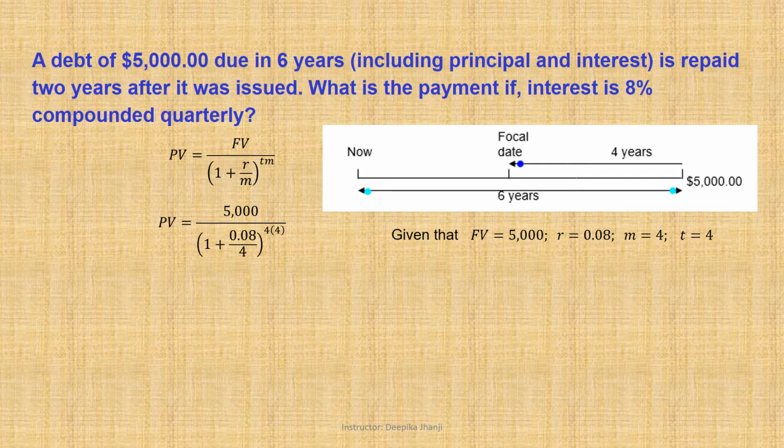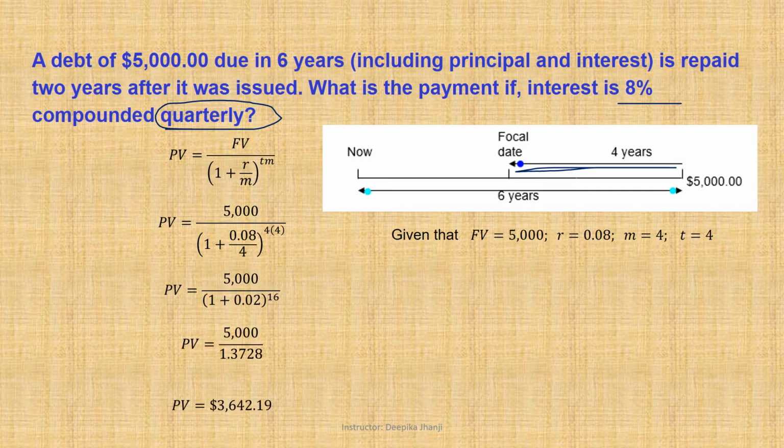R is 8%, which means 0.08. Then M is 4 because of the golden word quarterly, and T is 4 years. When you calculate this using the calculator, the result is 3642.19.